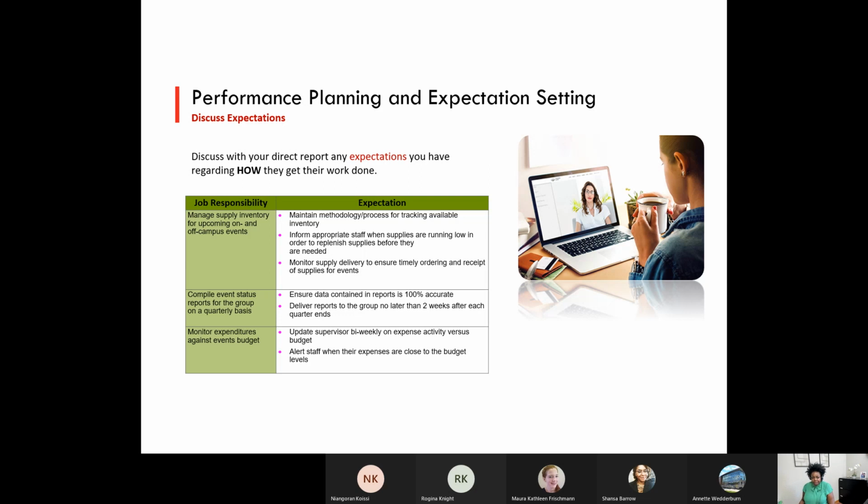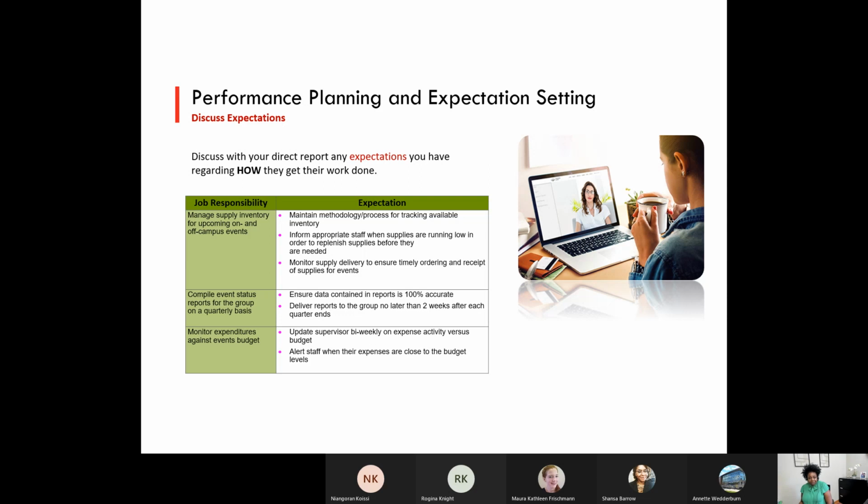For example, manage supply inventory for upcoming on and off campus events. So your expectation is that they'll maintain a methodology or process for tracking that available inventory.